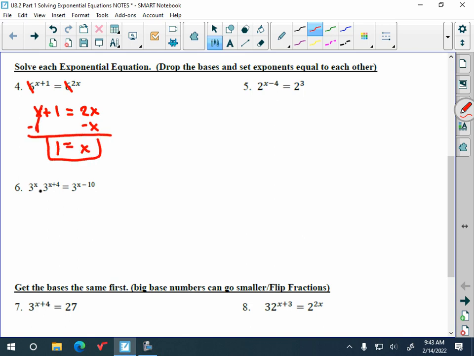Right? So x equals 1. Number 5, same thing. Bases are the same. Set the exponents equal. Solve for x.